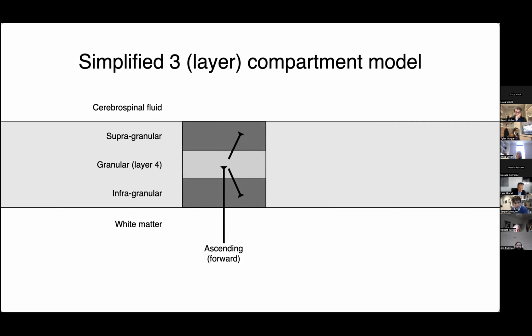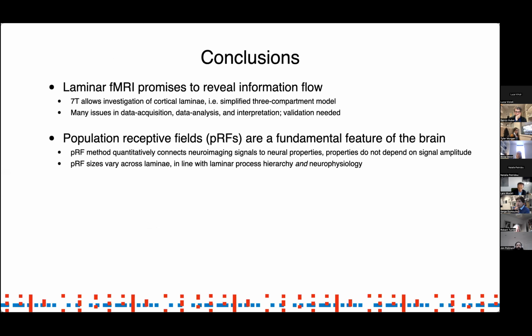So I don't think we necessarily need this feedback explanation. I think we see that the PRF size varies across the cortical thickness in line with this laminar hierarchical processing and in line with the invasive neurophysiology.